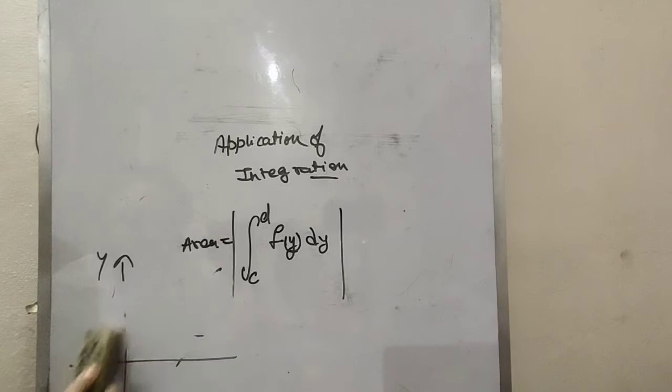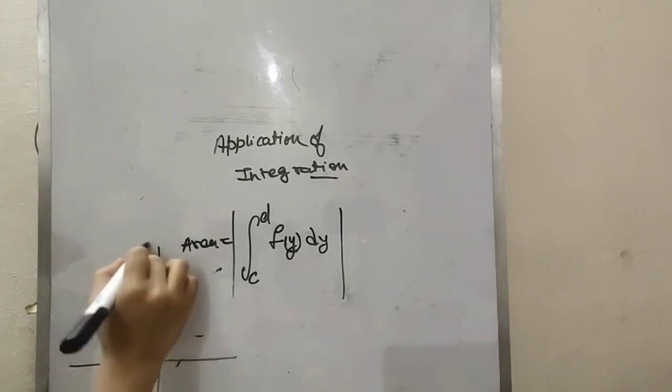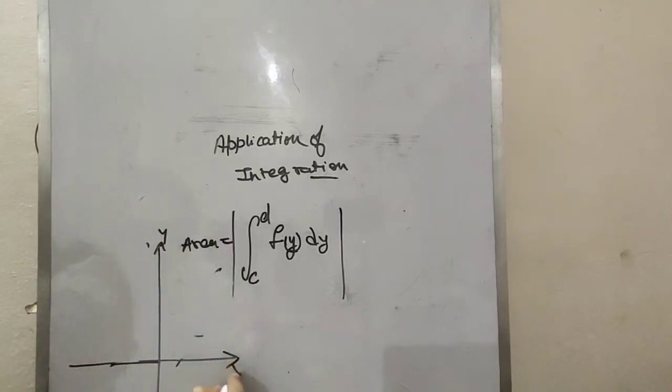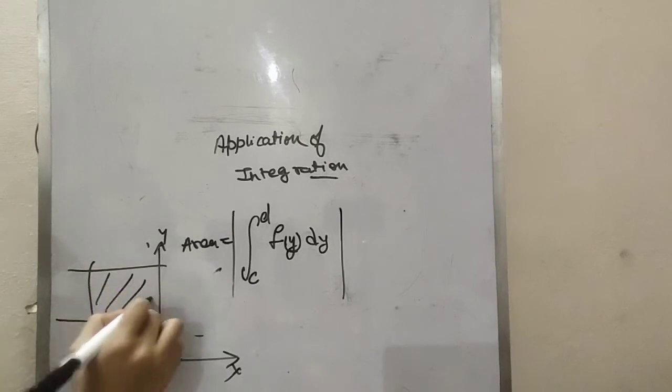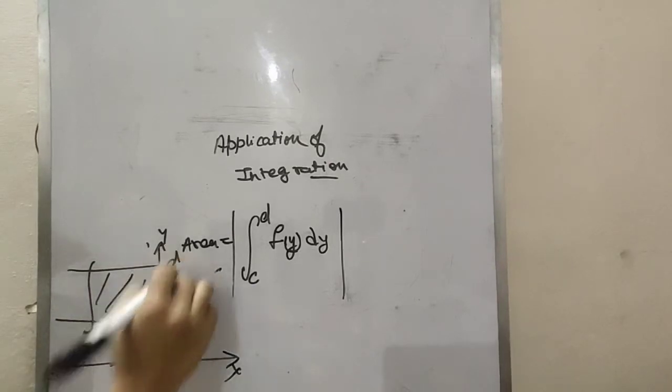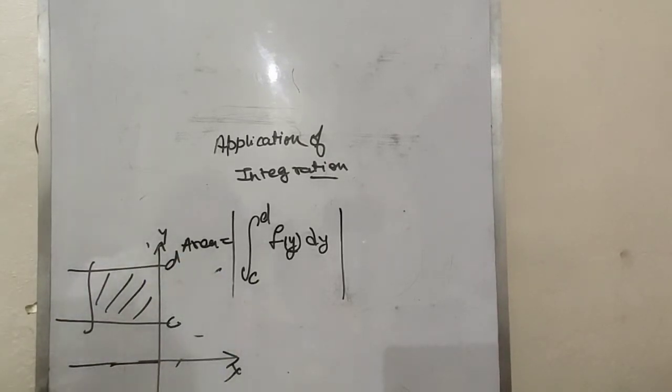That is, the diagram will be something like y-axis, x-axis, and my curve is falling here, and I'm finding the shaded region, and this is c and this is d. So either my curve can be on the left side or on the right side, and we will find it with the integration. That's why we are using the modulus sign, because we are taking the positive values.